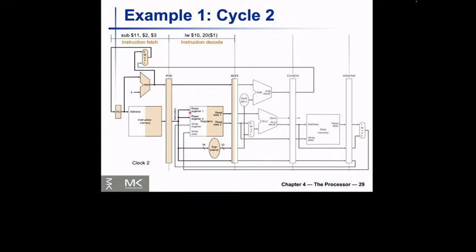Then here will be RS, which in this case will be $1. This RT will be $10. Although it will not be used later, it will still have some value here.